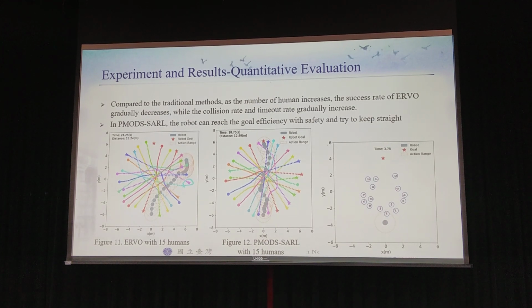As shown in the figure, in the environments with 5, 10, and 50 people, PMO-DSAR almost outperforms ERBO in all 5 measures in Table 1.